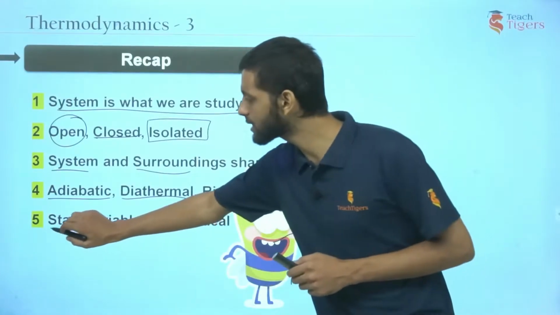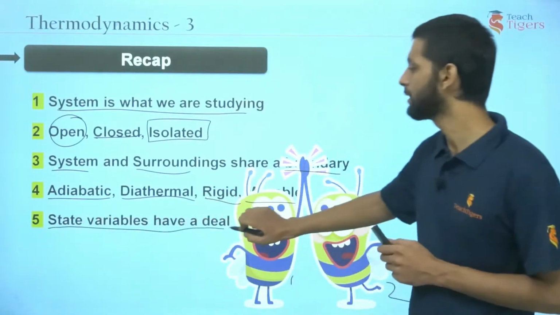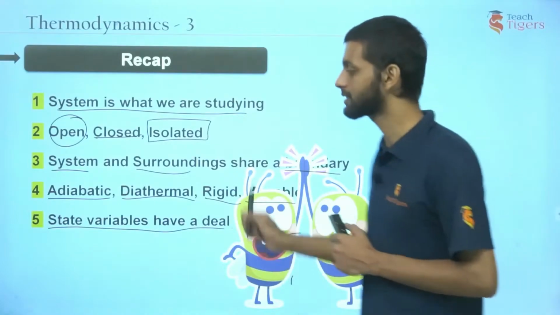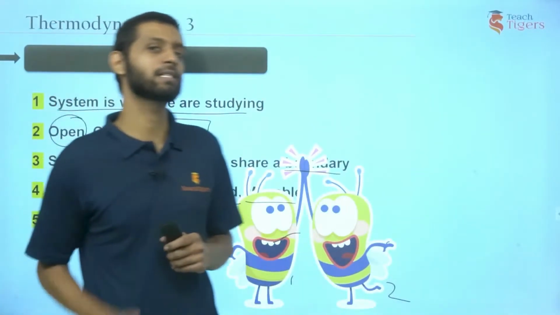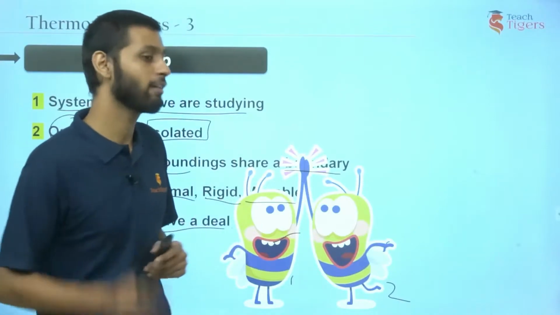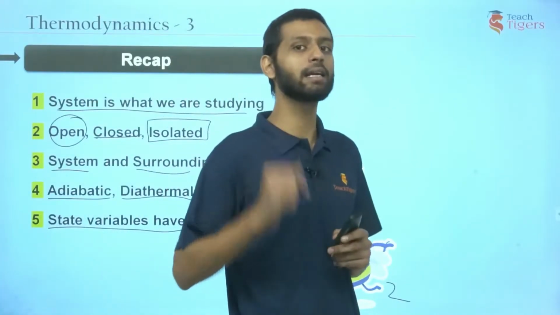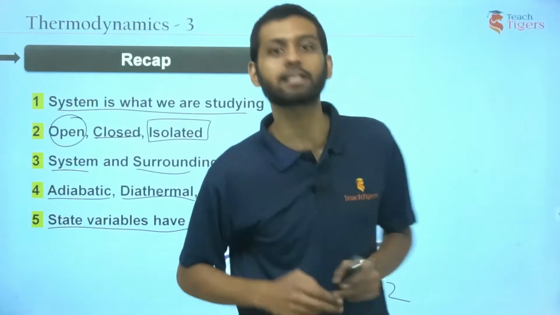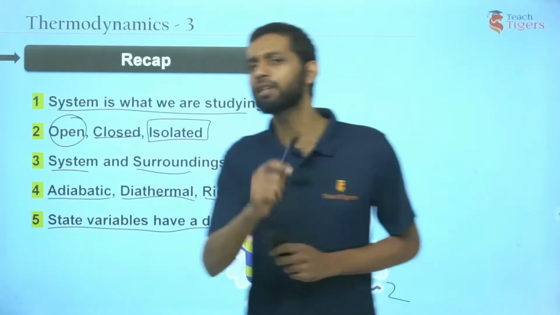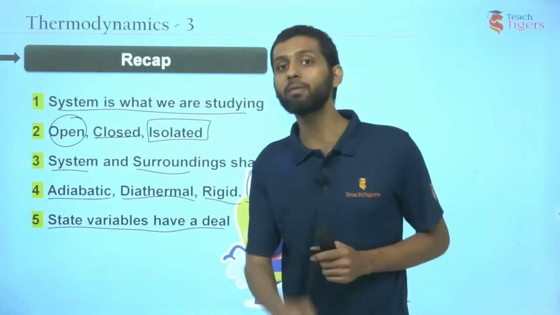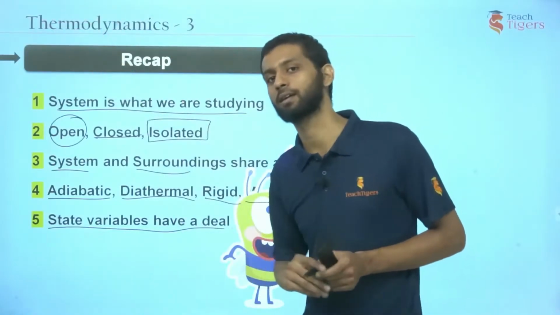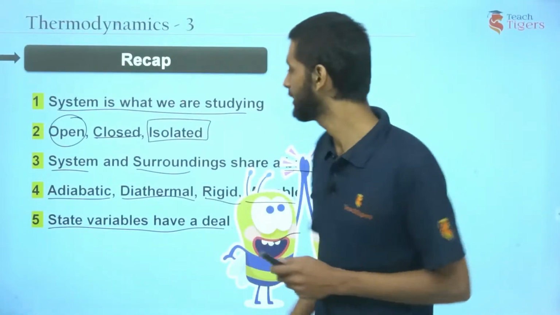The relationship that state variables have, the deal that they have, is called the equation of state. If pressure says, when I increase temperature, you decrease, that is part of the equation of state. If temperature says, when I increase volume, you should increase as square, that is also part of the equation of state.